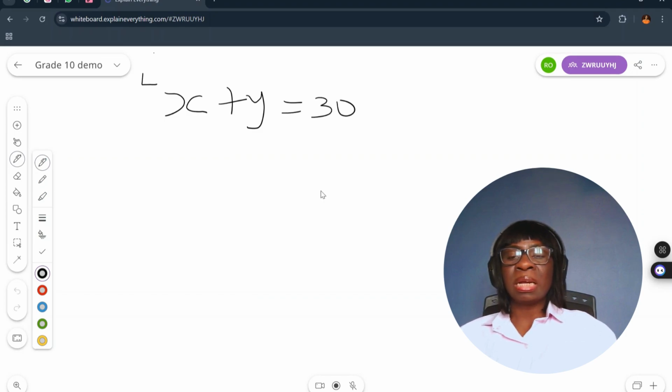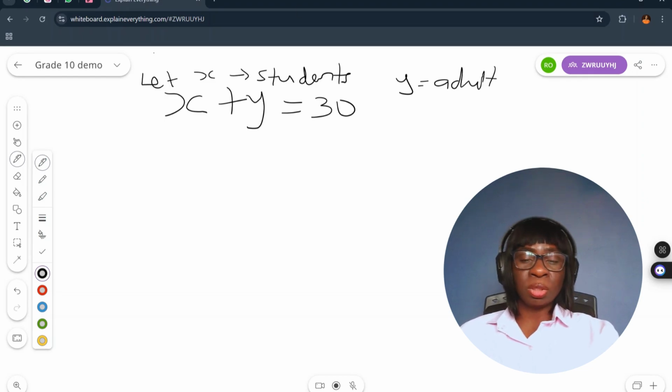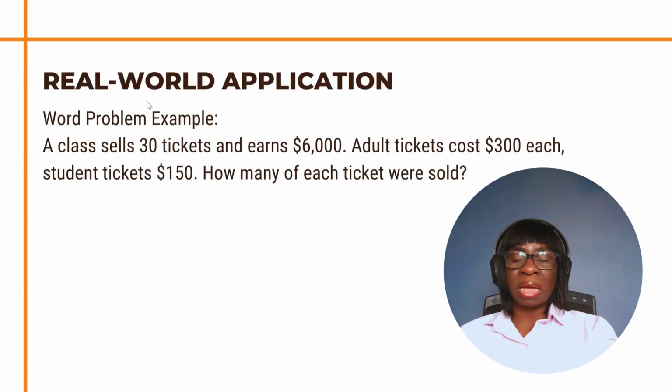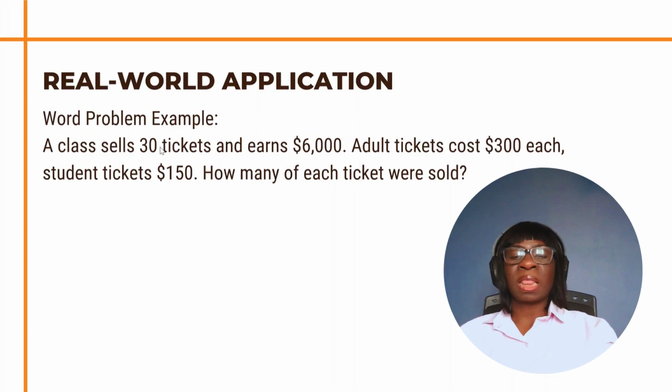First, let x represent student tickets so that we will not mix it up, and y represent adult tickets. So from the question, x plus y equals 30, the total sales of 30 tickets. Now adult tickets cost $300 each and student tickets cost $150 each.